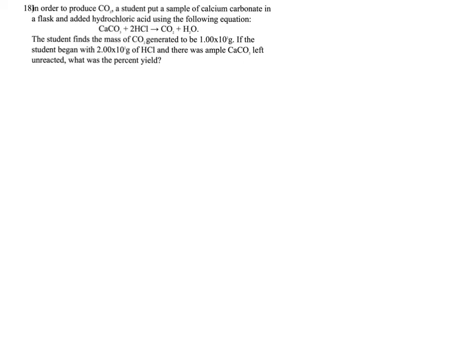the CO2. So the first thing you have to know in percent yield problems is you're always given two numbers, and one of them is the product, and that's, in this case, the CO2, because it says it's generated. And also, if you look at your balanced equation here, it shows the CO2 is after the arrow. And your product is always your actual yield.